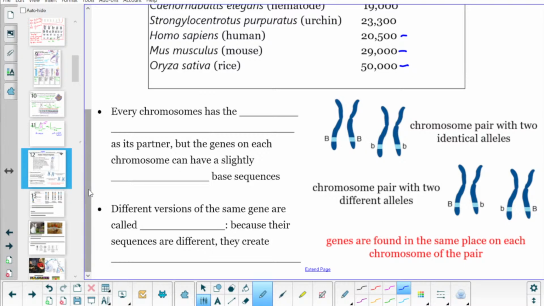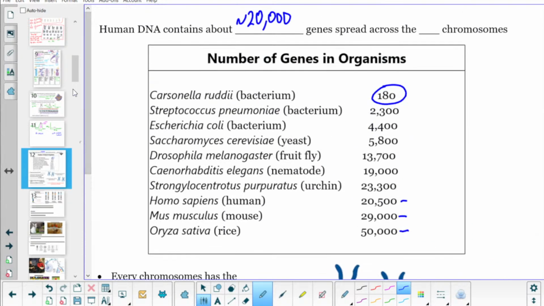Oh yeah, how many chromosomes do we have? 46. Or, I always want to emphasize, 23 pairs.